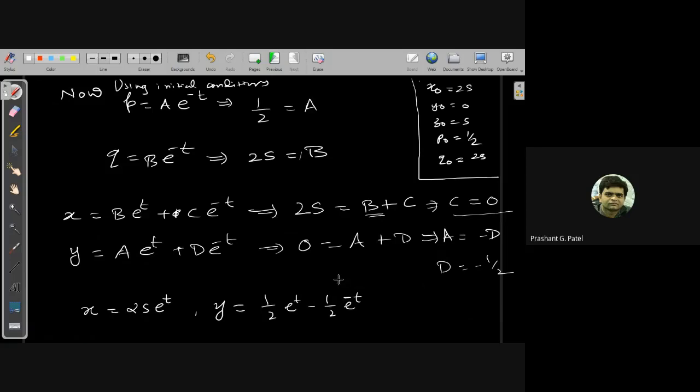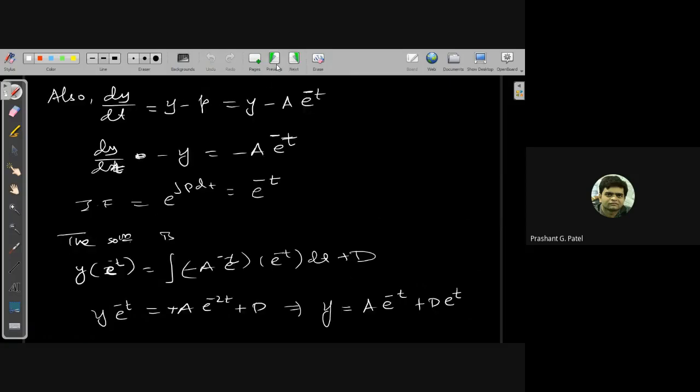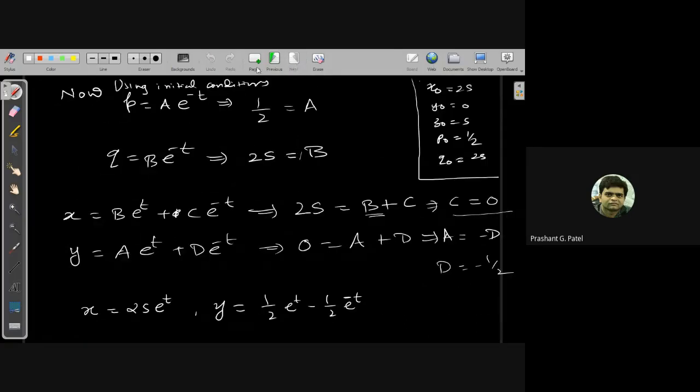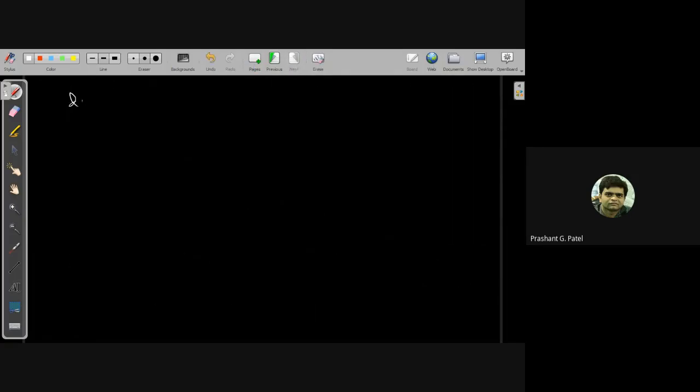Now what will be the value of z? That is this, dz by dt is equal to minus p cube.